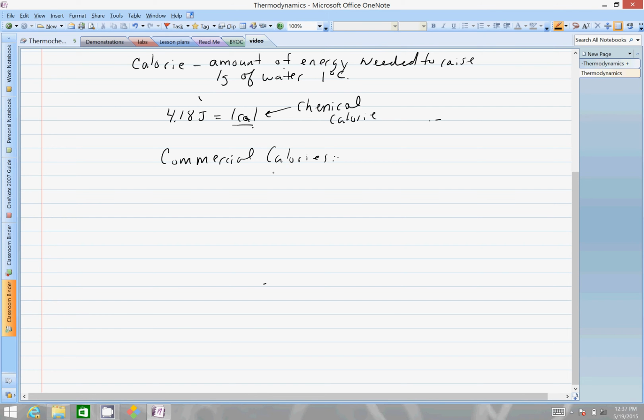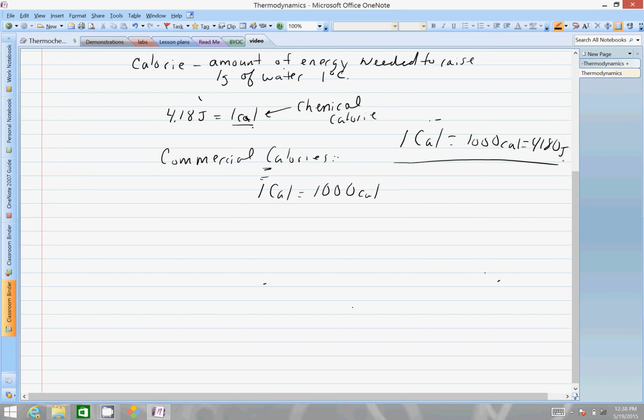It's distinguished by a capital C. And 1 big calorie equals 1,000 chemical calories, which would equal 4,180 joules. Something to think about.